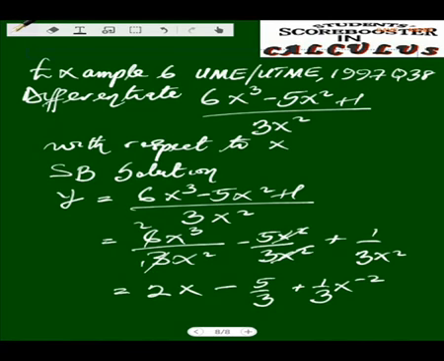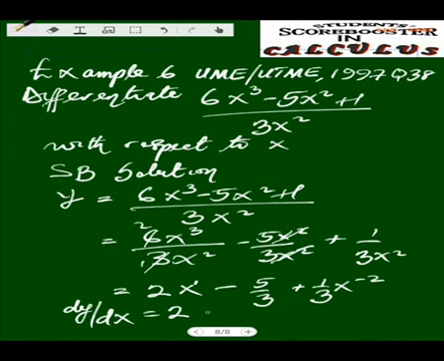So now if we differentiate this, it will be dy dx is equal to, if you differentiate this one, remember this is 1, so it's going to be 1 times 2, which is 2, x raised to power 1 minus 1, which is 0, x raised to power 0 is 1, so that is that.